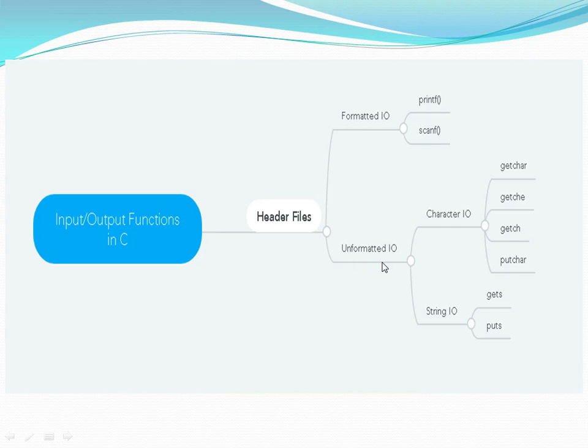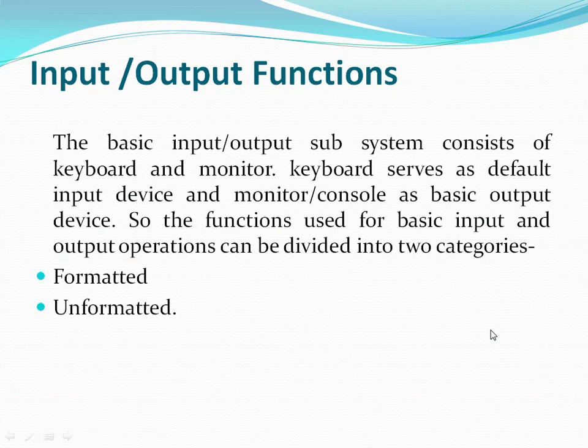And unformatted I/O functions again we can divide into two categories: character I/Os and string I/Os. The character I/Os have basically four functions: getchar, getche, getch, and putchar, and string I/Os have two: gets and puts. We will discuss all these functions in detail.